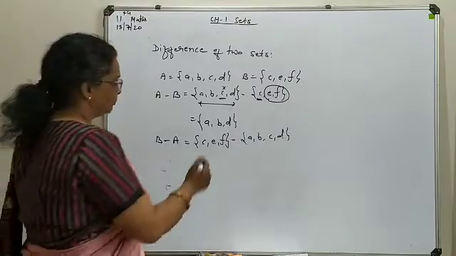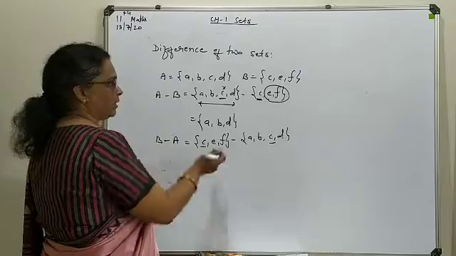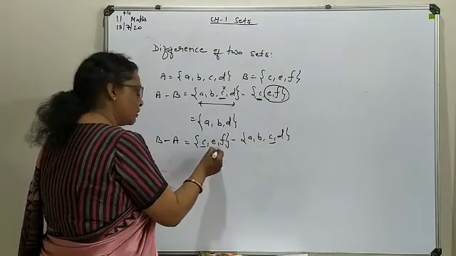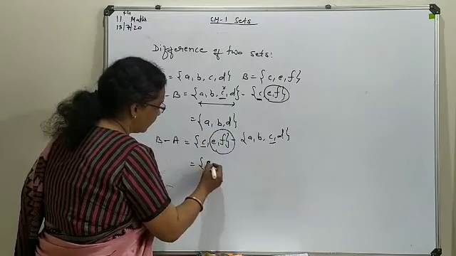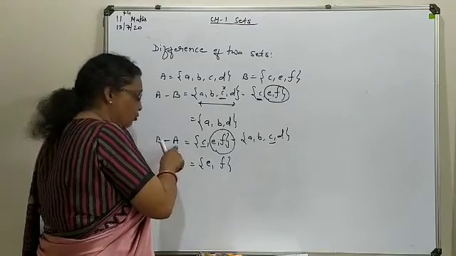Here again C is common, as in the last case. Now in set B, the remaining elements are E and F, which you write as B minus A.